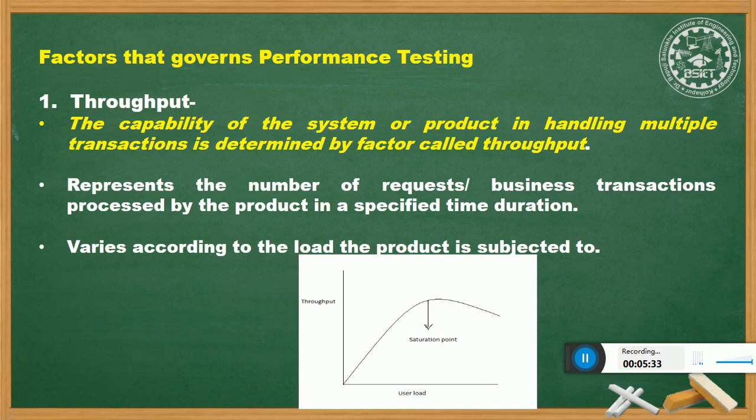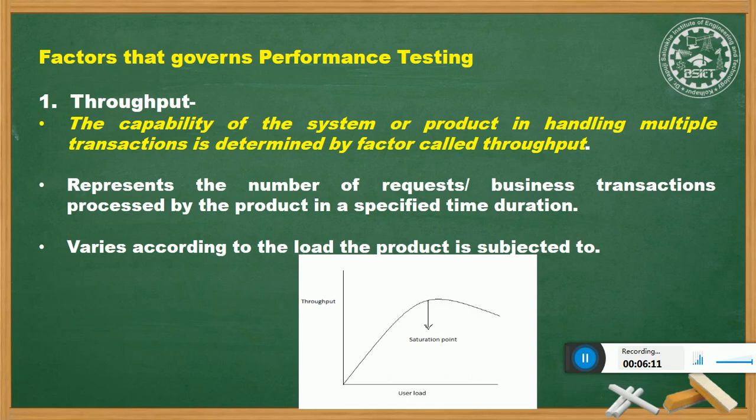So here we are going to consider how the system is able to handle multiple transactions. It represents the number of requests, business transactions processed by the product in a specified time duration.